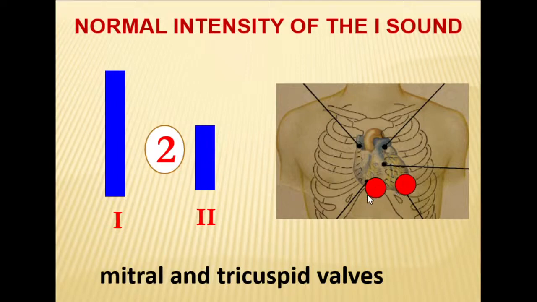Because we remember, in every heart point we hear 2 sounds, first and second. But the intensity of the first sound must be 2 times louder than the second one if our stethoscope is over the heart apex or xiphoid process, because these are the points of formation of the components of the first sound.